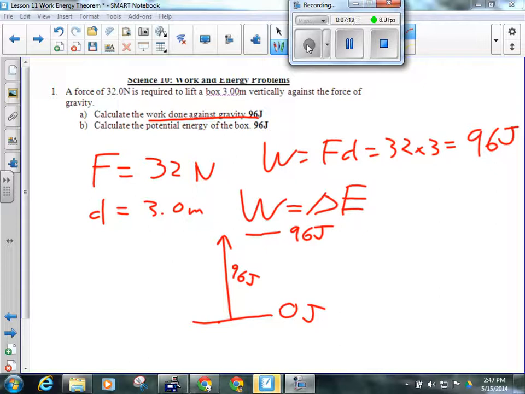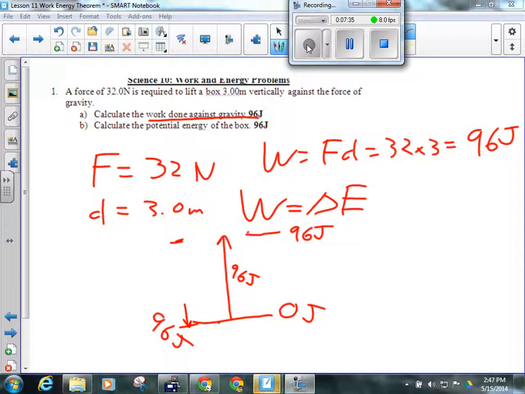Now, were I to drop the box that I had just lifted from this height down to the ground, how much kinetic energy would it have when it hit the ground? It would have 96 joules of kinetic energy when it hits the ground. Why? Because its potential energy will get converted to kinetic.